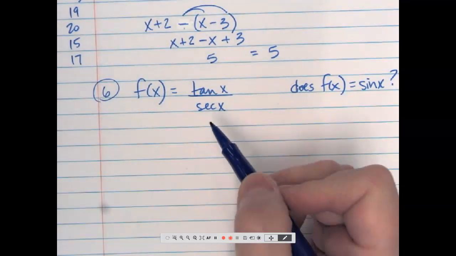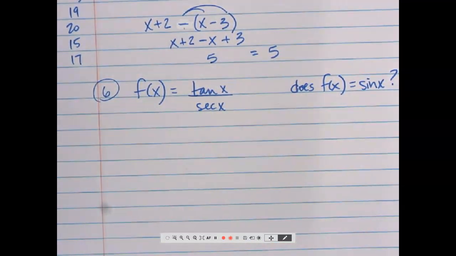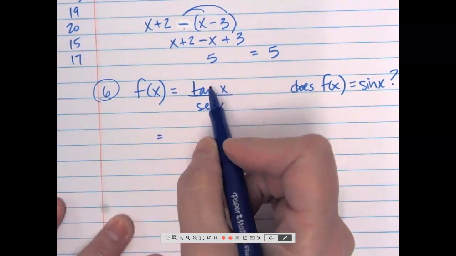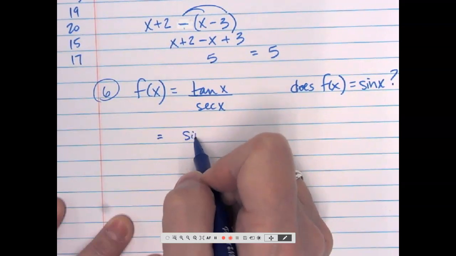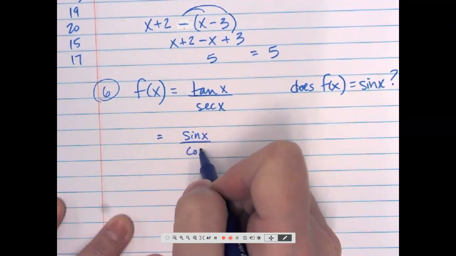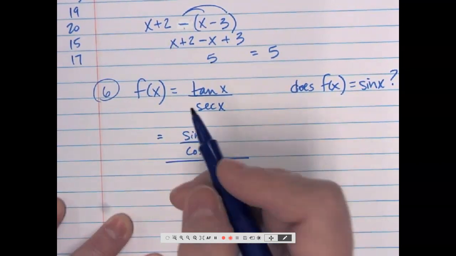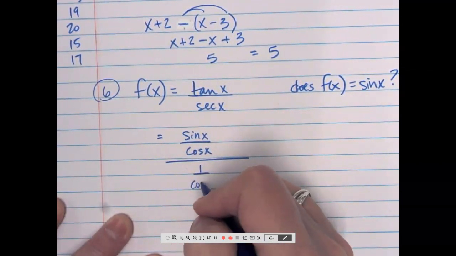Okay, so how would you tackle that? What do you think I'm going to do? Make it sine and cosine. You got it. All right, so I'm going to change that to sine over cosine. That's the tangent. Over secant is 1 over cosine.